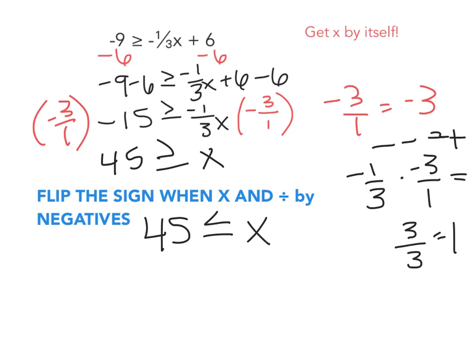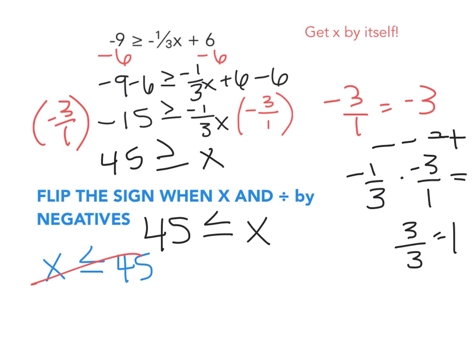And we could stop here, but I know what you're thinking again. The x is on the wrong side. So we can move the x to the other side, but we have to change the inequality. That's because if we only switch the x and the 45 and we keep the inequality the same, then it completely changes what the inequality says.